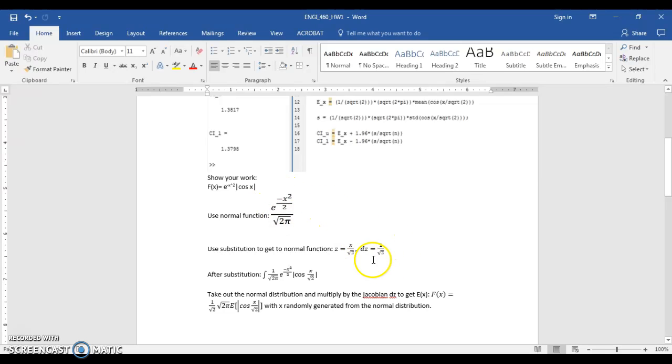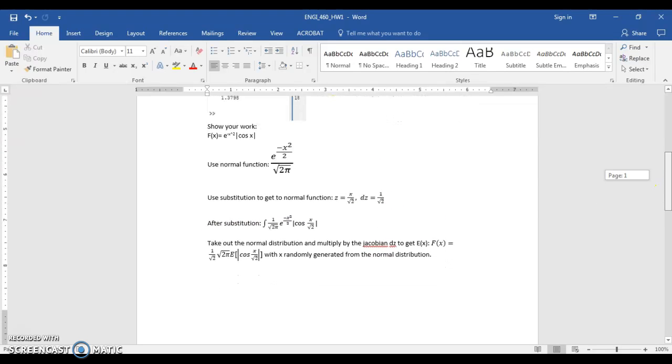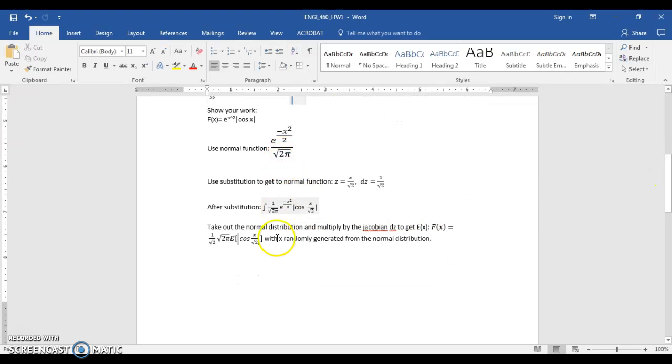And we want to make sure that we keep track of this dz, or the Jacobian right here. This will be put at the front of the integral, or extracted out of the integral once we take it. So now that we have that part, we also have to put it into the cosine part because we're doing a substitution for all the x values.